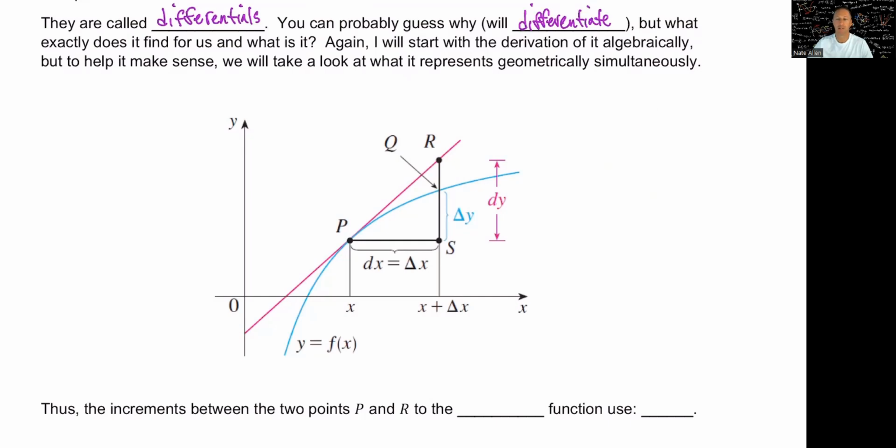So let me try to explain this to you via a graph, a visual, if you will. If I told you my original function here is that y equals f of x blue line curve, well then if I picked some point, call it P, and I chose another one, let's call it Q, then you know the graph of that, I can find the slope of that secant line, and it would just be the change in my y over the change in my x.